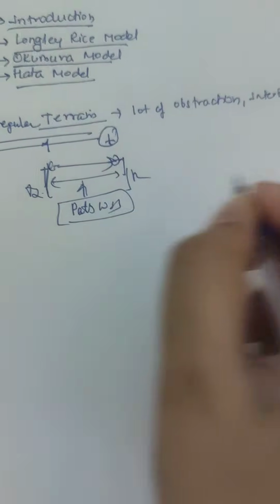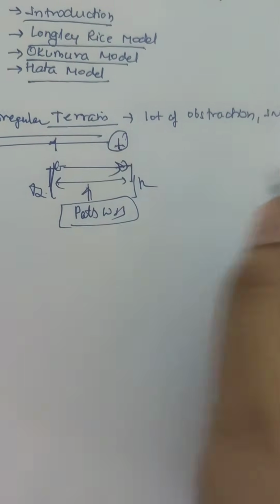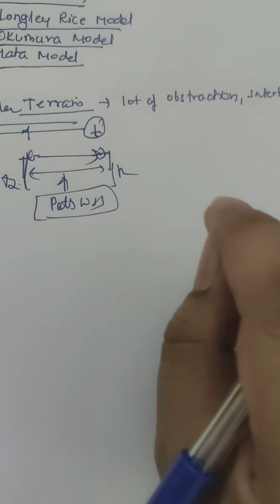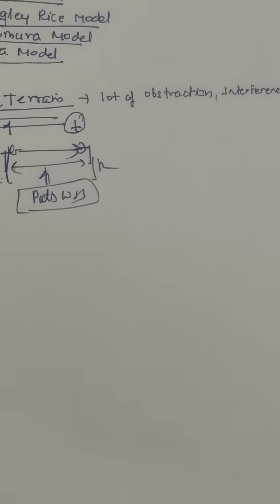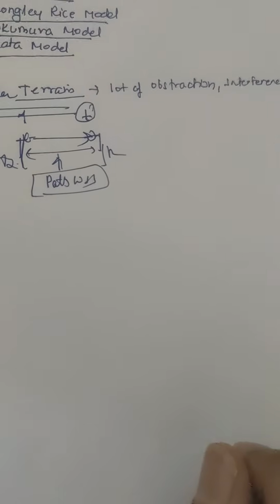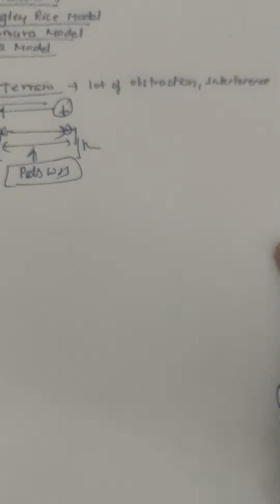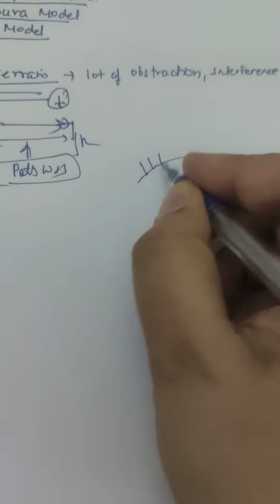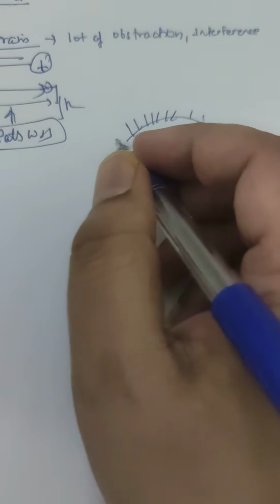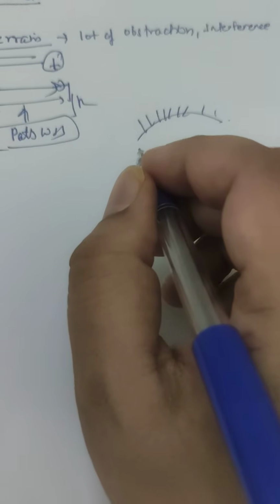In that scenario we were not including the diffraction and obstacle effects on the radiated signals. So we now calculate with the terrain profile, which may vary from a simple curved earth profile to a highly mountainous profile.